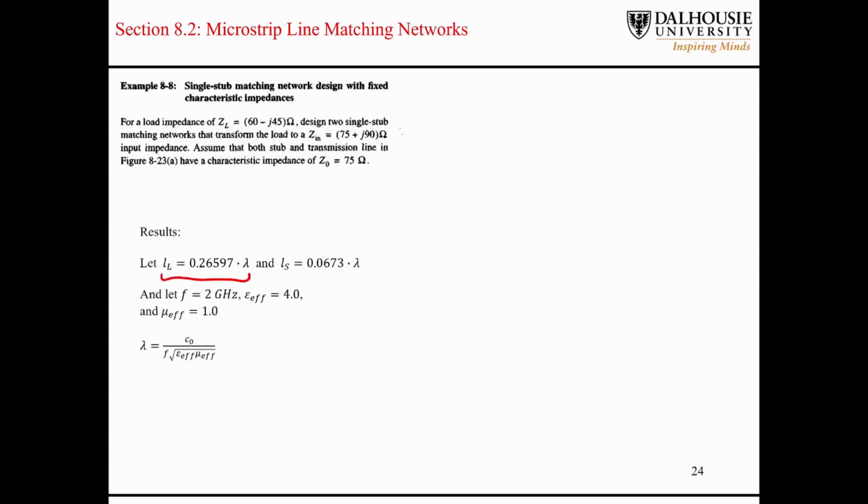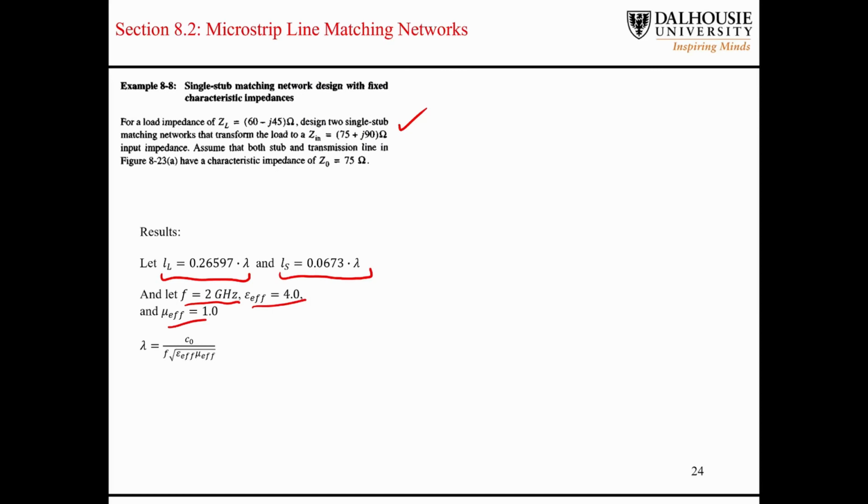I know from the solution in the book that these two solutions here are correct, but let's just apply it to a problem here and plot it in SimSmith. So let's assume that we are operating at 2 gigahertz, that we have an effective dielectric constant of 4.0, and we're in a non-magnetic material.